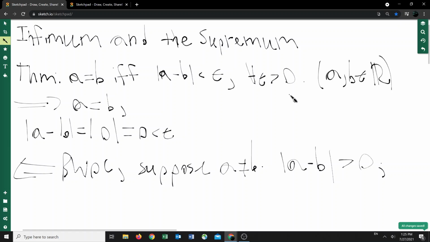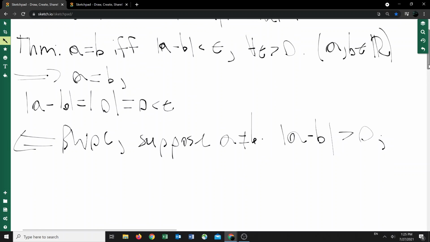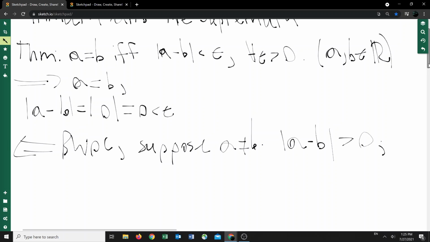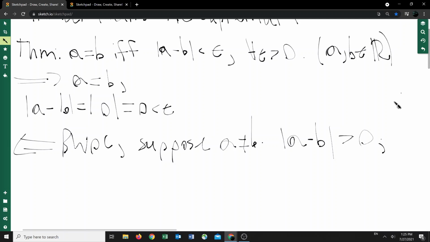By the density of Q in the reals, which we're going to be proving after we define Dedekind cuts, there surely exists a rational epsilon such that epsilon is less than a minus b, and this should be very intuitive, and greater than 0.